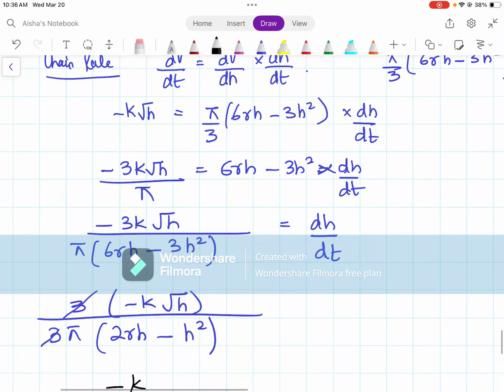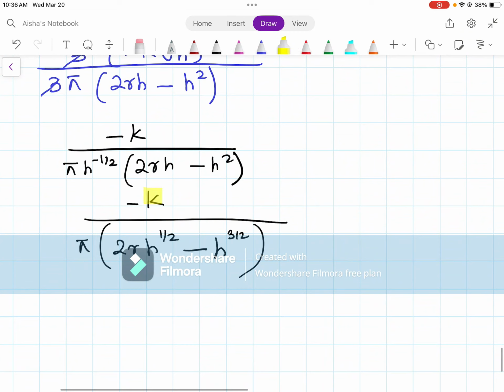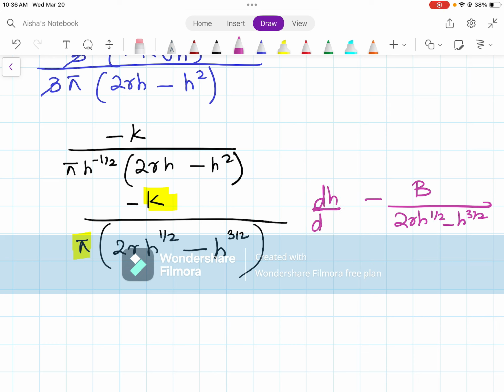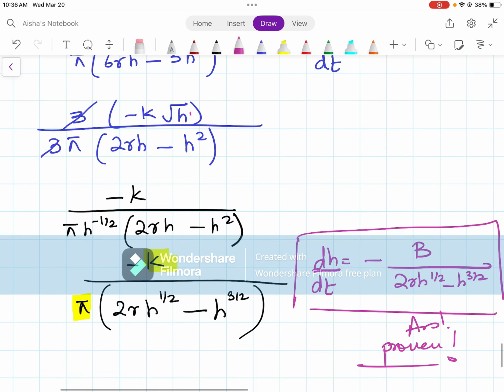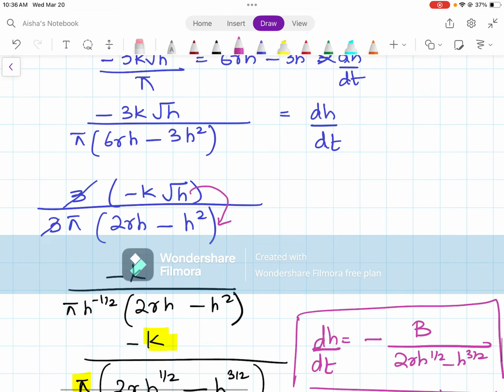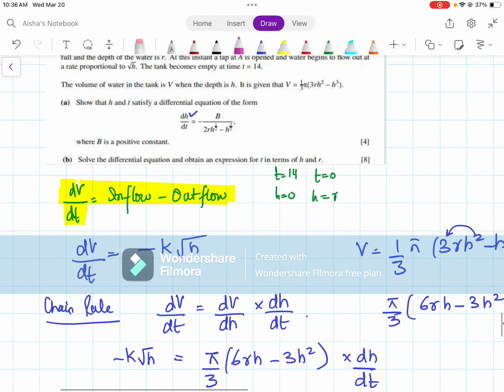Now what they've done is that the constants can all be accumulated together and written as one constant, which is b. Since I am doing this it seems easier, but you have to learn how to do it, because taking this root h in the denominator with a negative power is not something we usually do. It's something new for you.